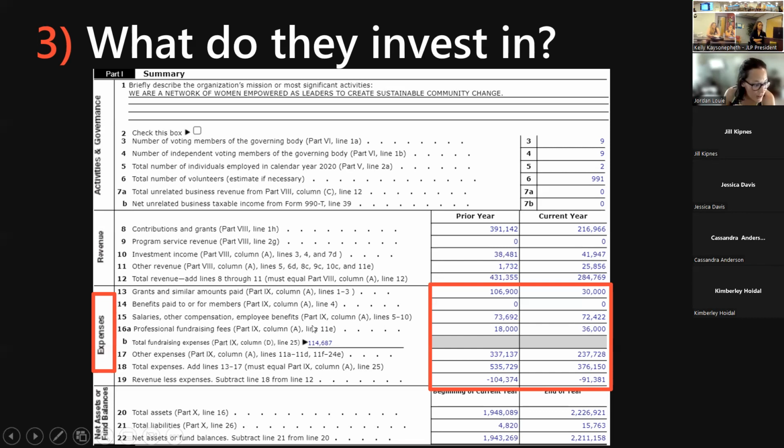Line 16A, so professional fundraising fees. This would indicate that you paid either a professional fundraiser or professional event planner of some sort to conduct some fundraising activity. It's not necessarily a bad thing. I'm a professional fundraiser. I bring in more revenue than I expend, but you do want to ask, okay, well, why did it double between the prior year and the current year?